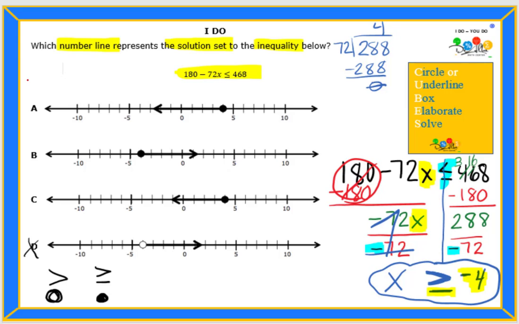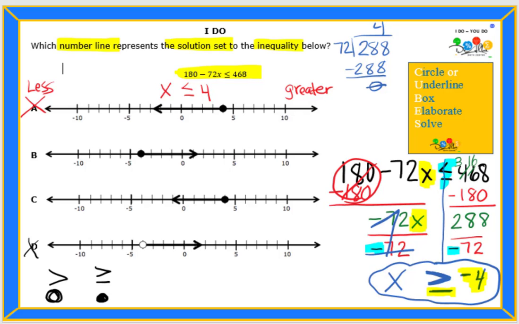Remember we said left is less, and to the right are the greater numbers. So this one is saying our answers are less than, and it's a closed circle, so it can also be equal to, and the number right here is 4. So that is not what we're looking for.